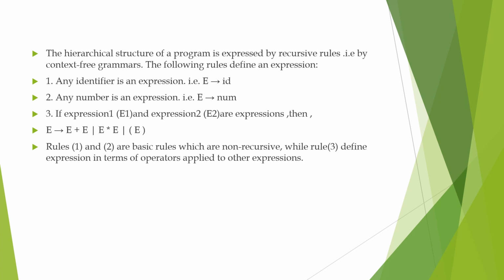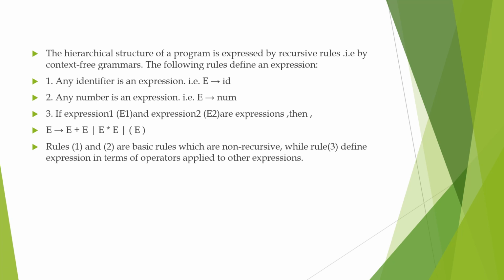Next, the explanation for that. The hierarchical structure of a program is expressed by recursive rules, that is context-free grammars. The following rules define an expression. First, an identifier is an expression, so that is E determines ID. Any number is an expression, that is E determines num.